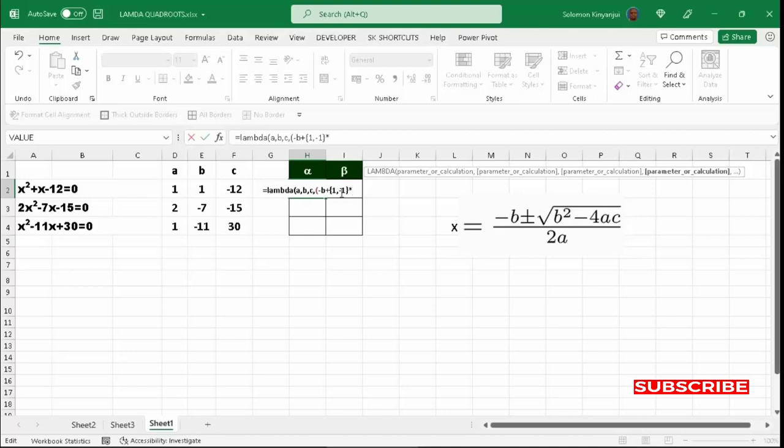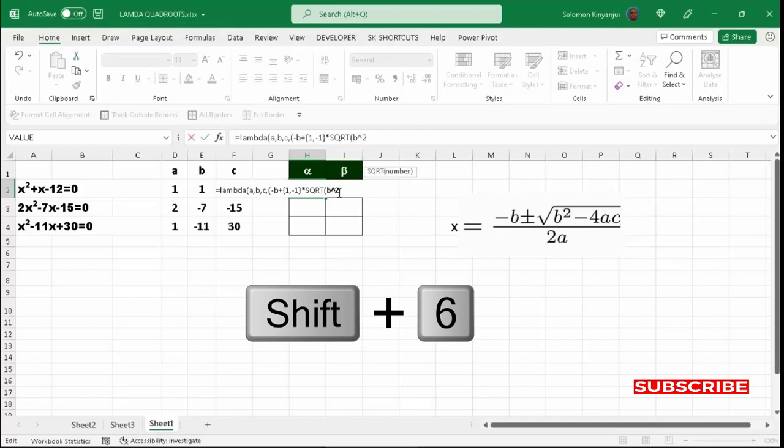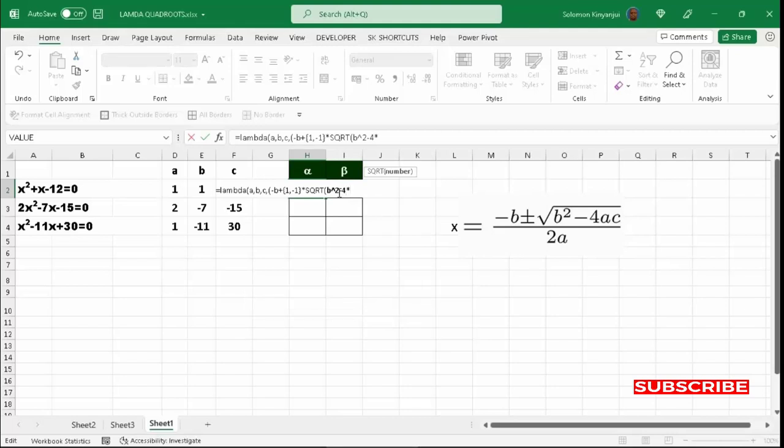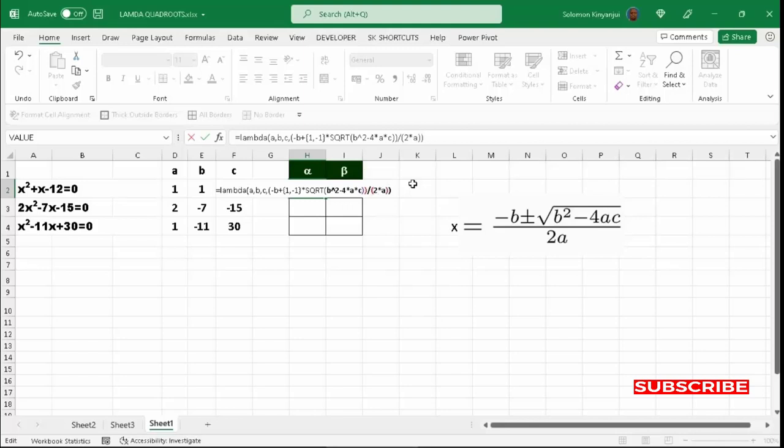Then times the square root, where inside the square root we have B, shift and 6 to get the caret, then 2, so B squared, minus 4 times A times C, close bracket. Close bracket again, since we started with the bracket here, then divide by 2 times A, so we put first bracket, 2 times A, close bracket. Now close the lambda bracket.